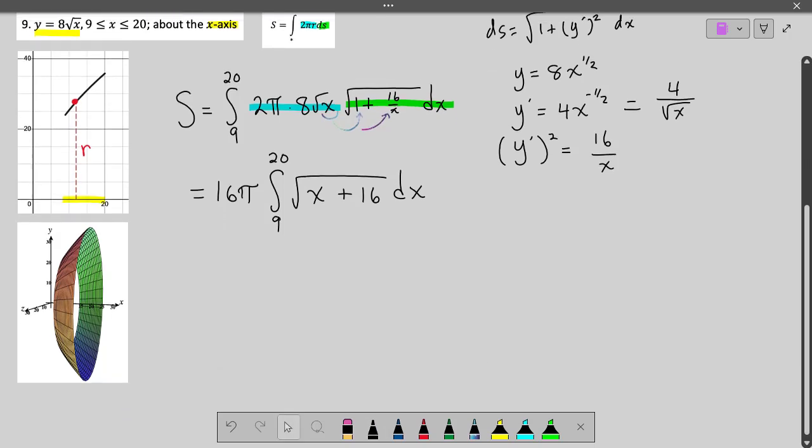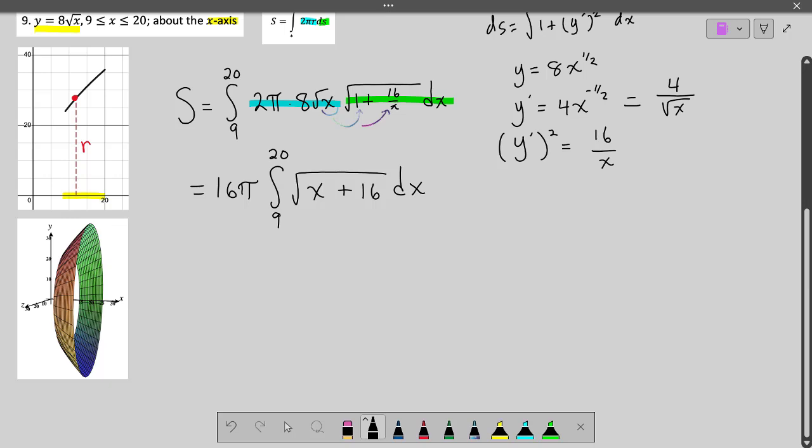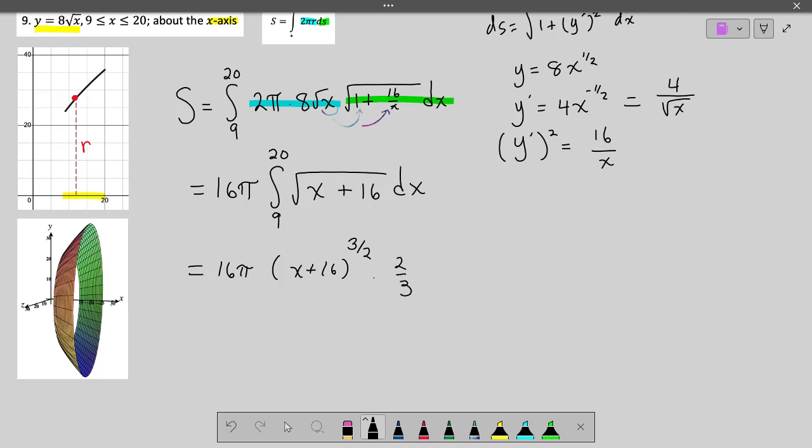The integral of this, we can just integrate it immediately. We have x plus 16 to the half, add 1 to the exponent, divide by the new exponent. Reverse chain rule here, what would we divide by? 1.